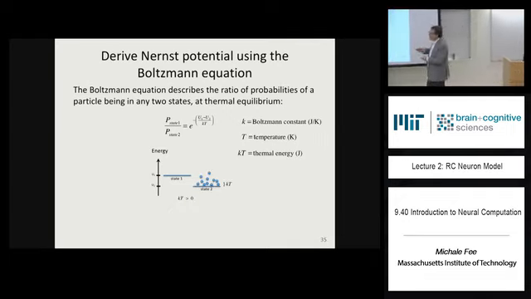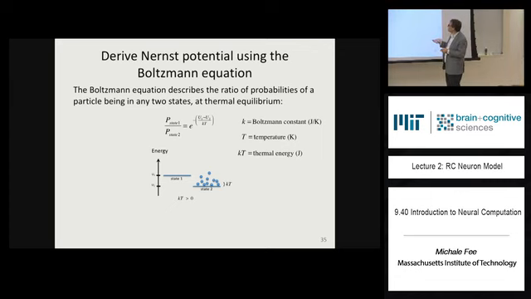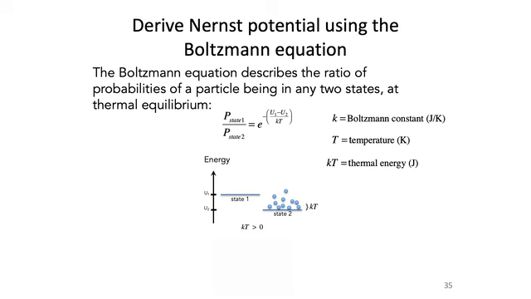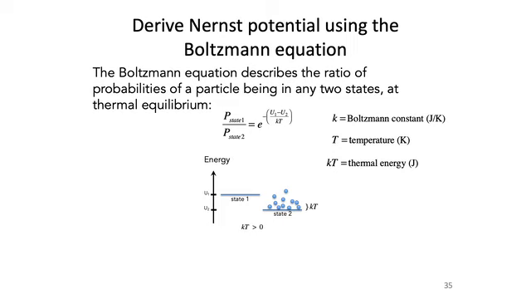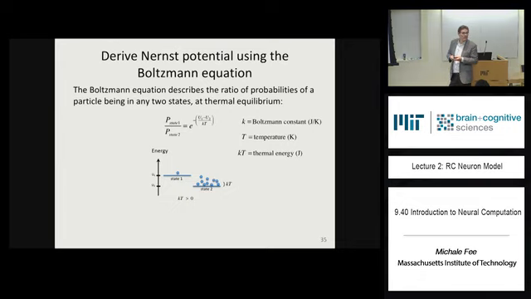Now, let's say that we heat things up a bit so that kT gets approximately the same size as the energy difference between our two states. So now some of those particles can get jostled over into state 1.